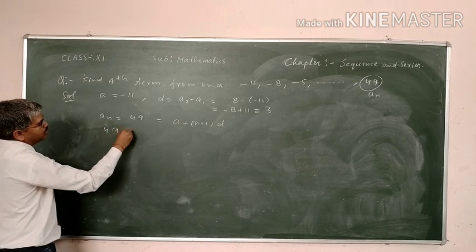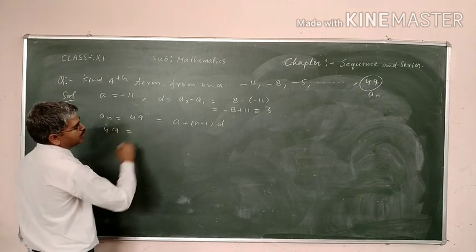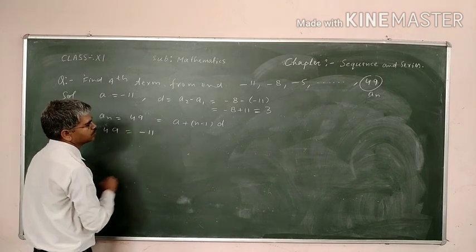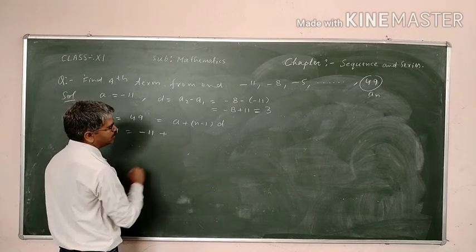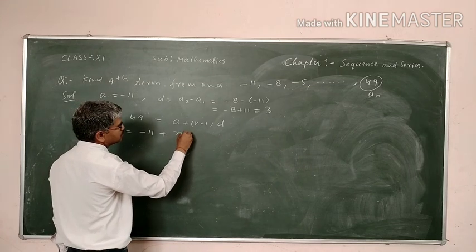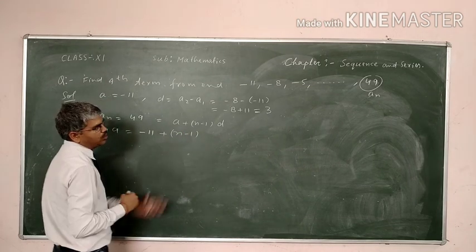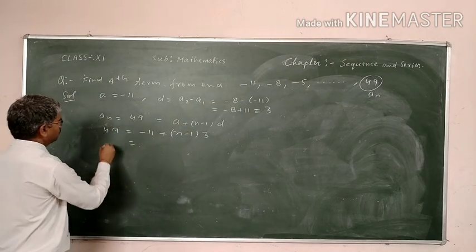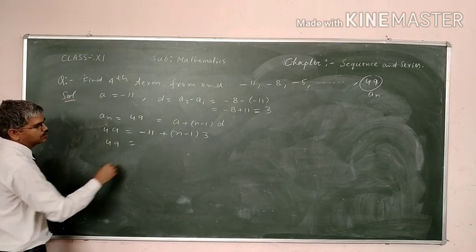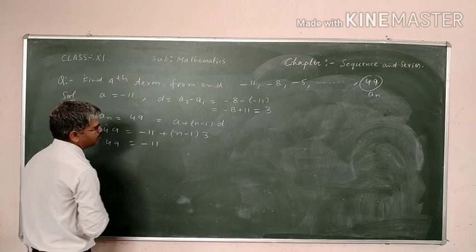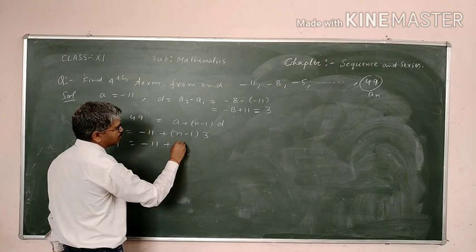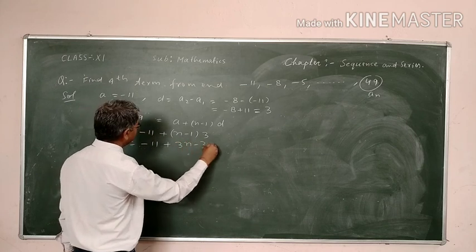So 49 is equal to minus 11 plus n minus 1 into 3, that is 49 is equal to minus 11 plus 3n minus 3.